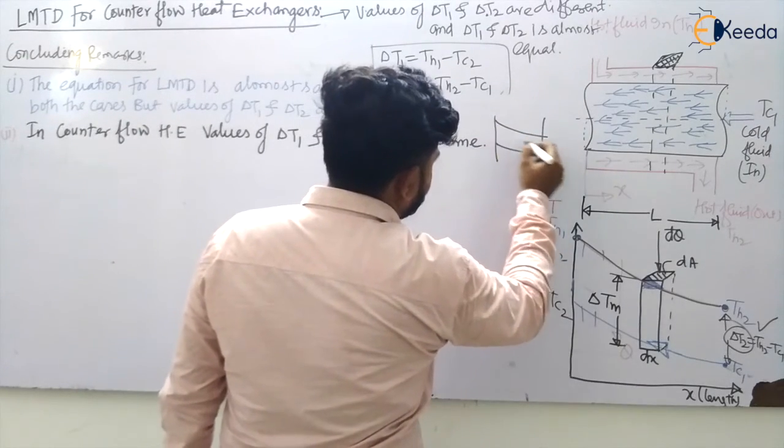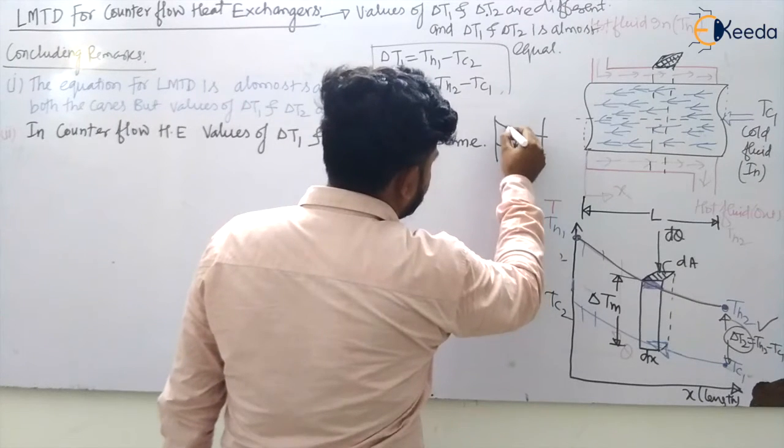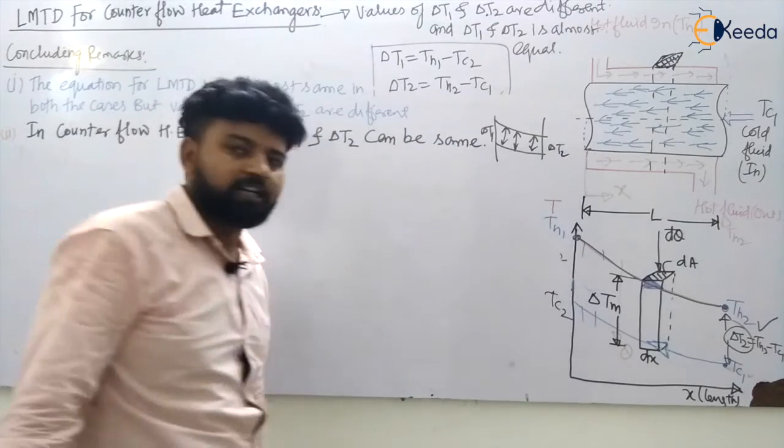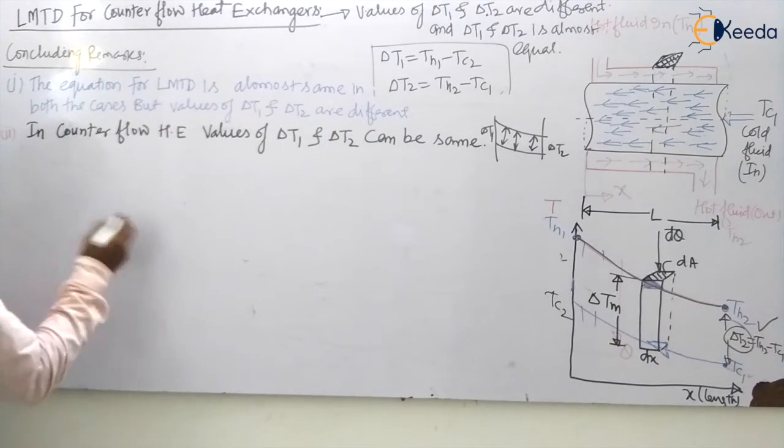So this can be same everywhere, that is delta T1, that is delta T2. So values of delta T1 and delta T2 can be same in the counterflow heat exchanger.